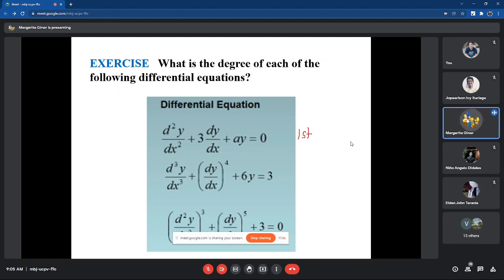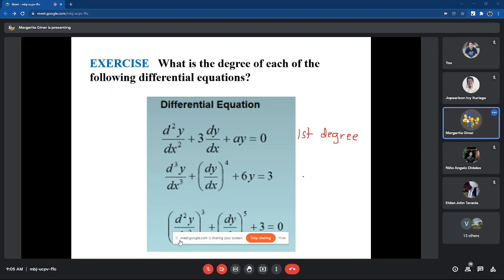So you have to specify if you are asked for the degree or order. Don't just put first, second. You should specify which one. So this is first degree, because the highest derivative here is the second derivative, and its degree is first degree. Okay, how about example number 2?